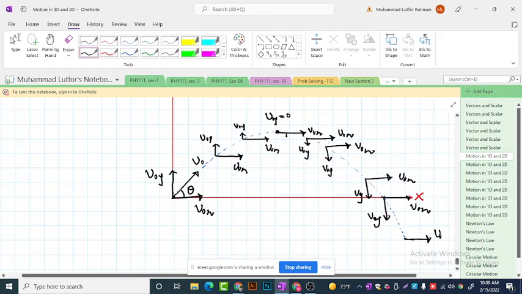Say v naught x will remain the same. It's not changing because in the x direction it has no acceleration. So the velocity along the horizontal direction will remain the same over here. But the vertical component is definitely going to increase, because right now it's moving in the direction of that force, the gravitational force.